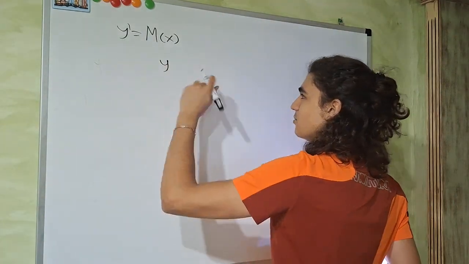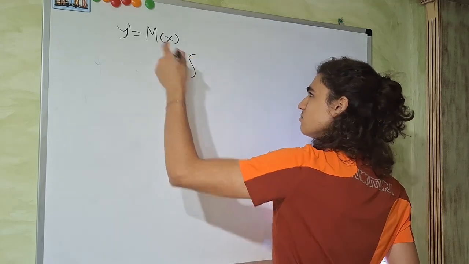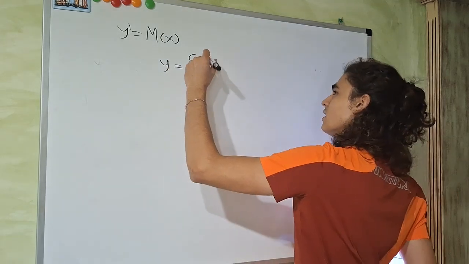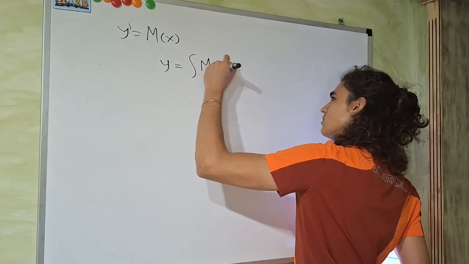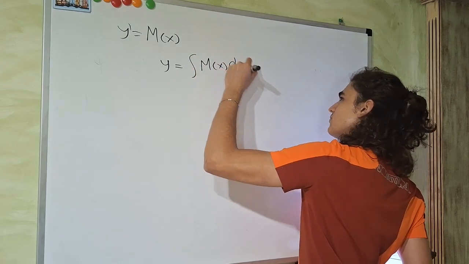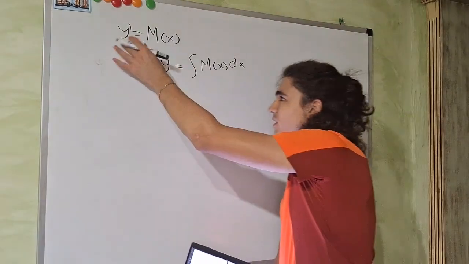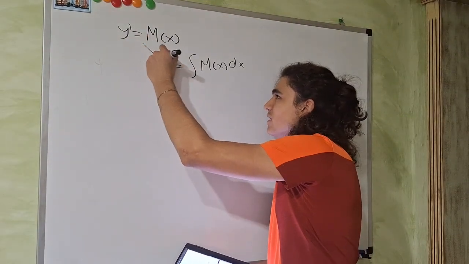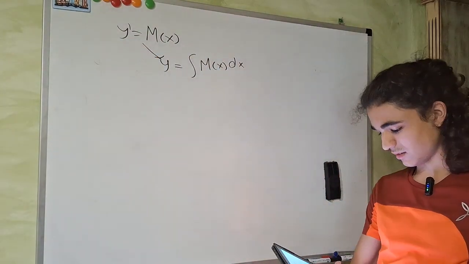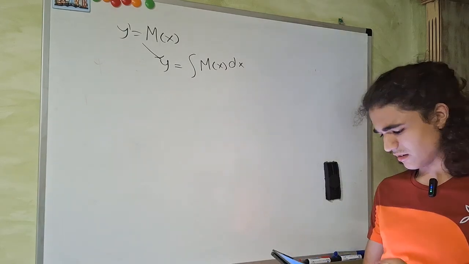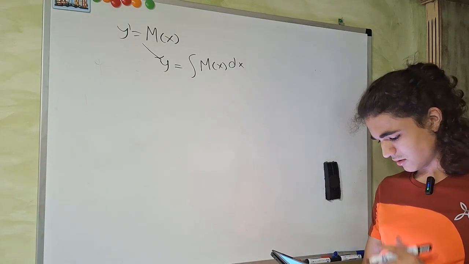On the left-hand side, we get y, and on the right-hand side, we get the integral of this function of x. So if you have this differential equation, this is how to solve it. So this is clear. It's not too complicated.